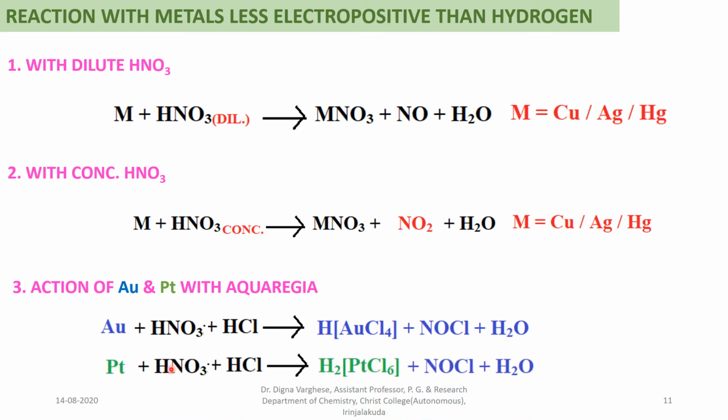Platinum reacts with aqua regia to give chloroplatinic acid, that is H2PtCl6, with nitrosyl chloride and water. Only noble metals react with aqua regia.